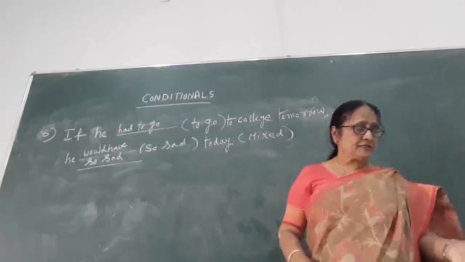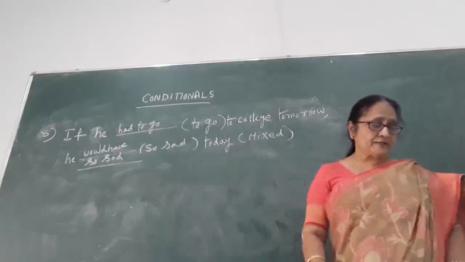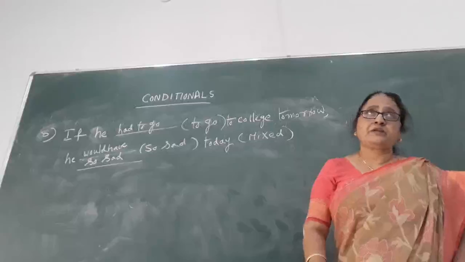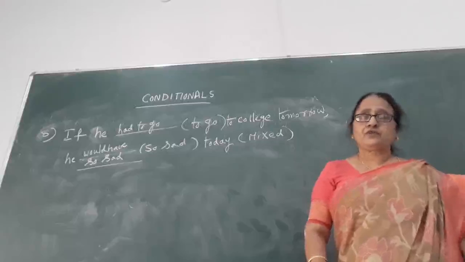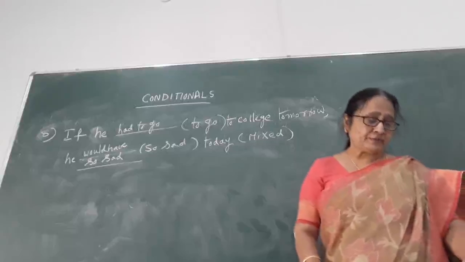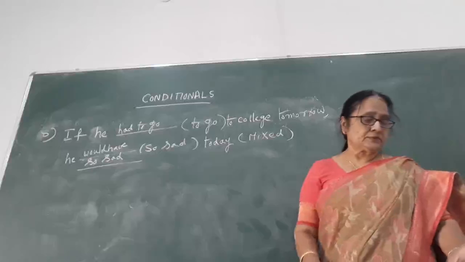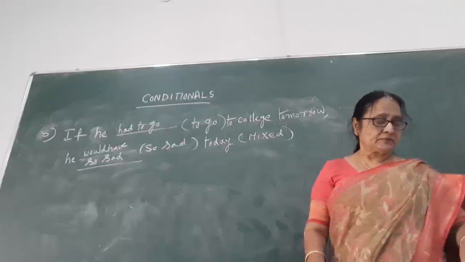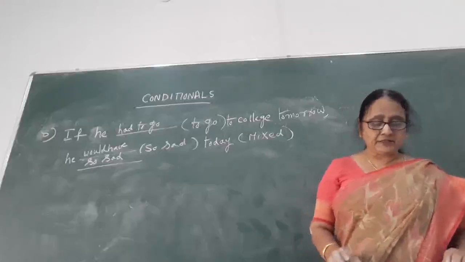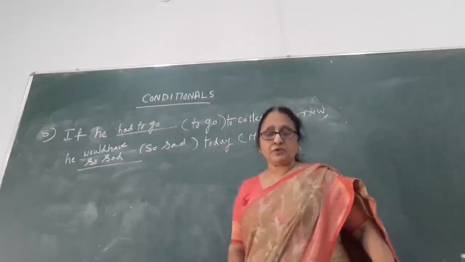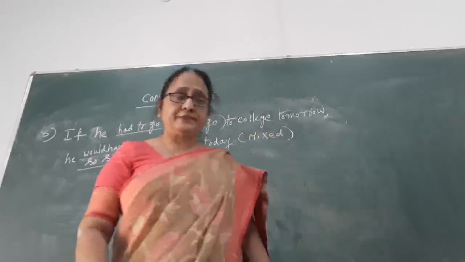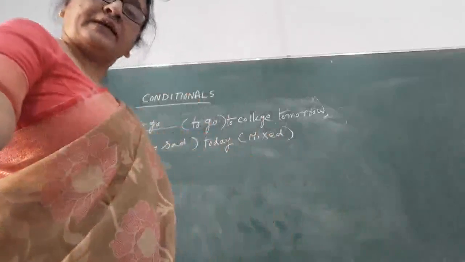In this mixed conditional, you can write would plus have plus V1, or sometimes would plus have plus V3 also. Then I am writing on the board this ninth bit. After writing, I will explain to you.